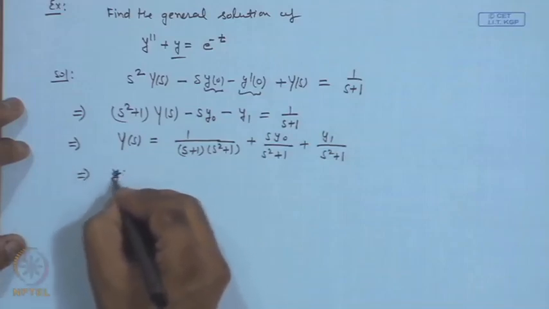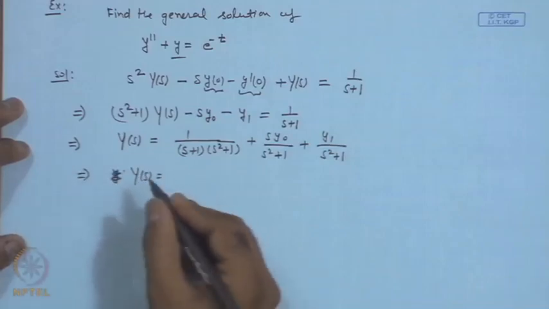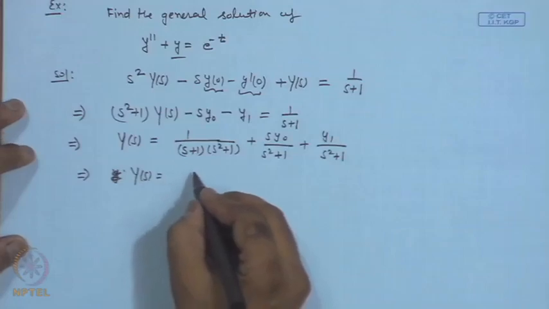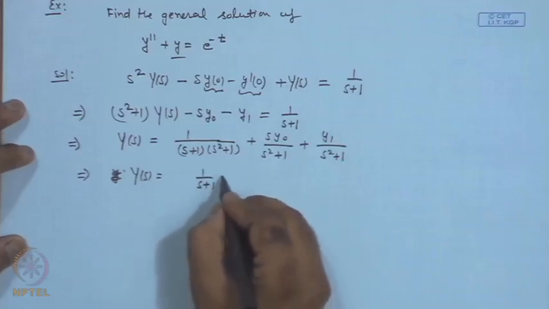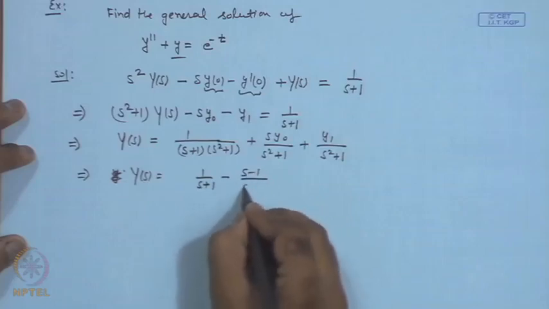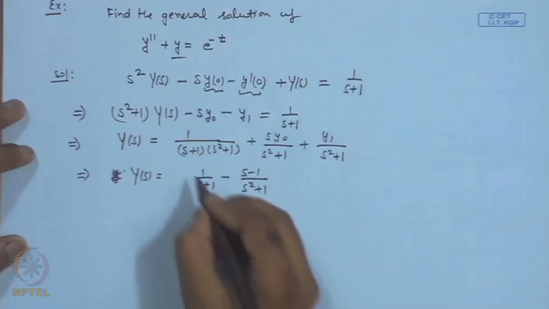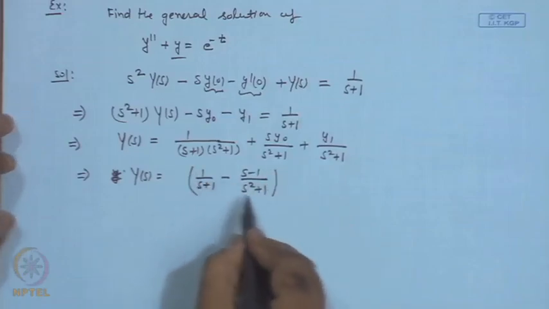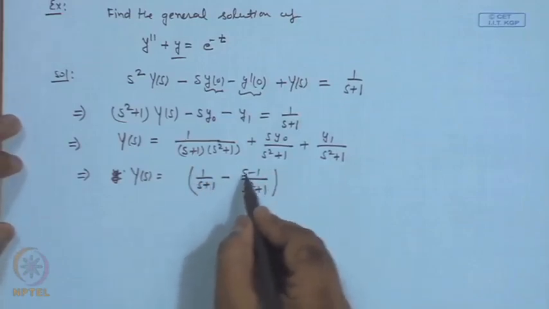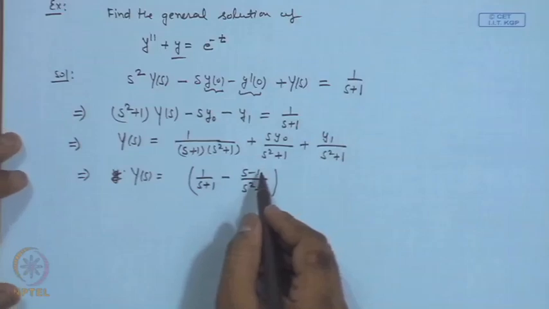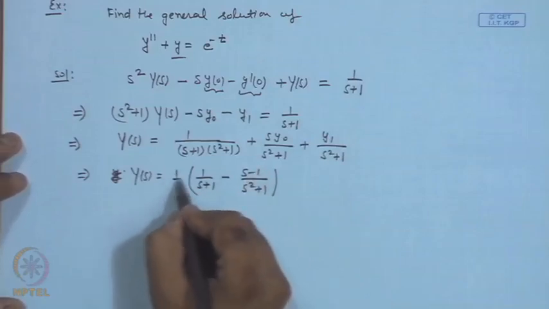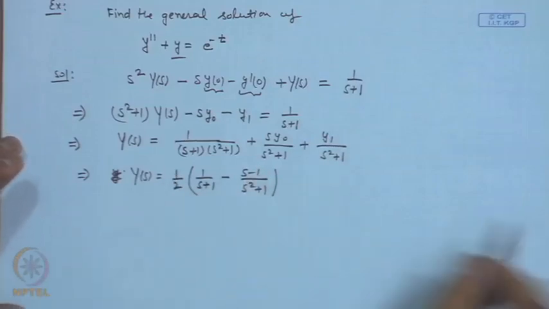Again we do the partial fraction here. So, we have 1 over (s plus 1)(s squared plus 1) equal to half of 1 over s plus 1 minus s minus 1 over s squared plus 1. So, what we are getting here is s squared plus 1 minus s squared plus 1, so we get 2 here, and to compensate that we have half.